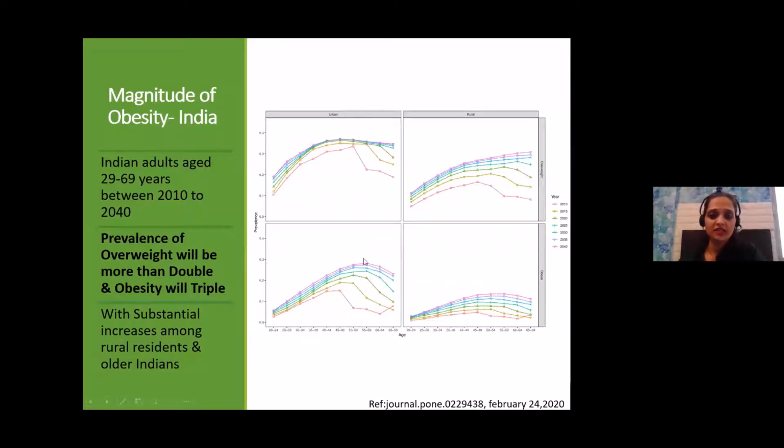This is what the graphs are trying to tell us, that in the urban areas earlier, those above age 50 had lesser prevalence of gaining weight or being obese, as compared to now, where they are at a higher range. A similar trend is seen even in the rural areas, where obesity has been lower in the earlier years, and now more adults and elderly would get into the obesity zone.